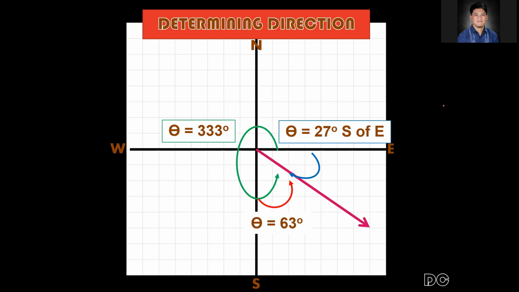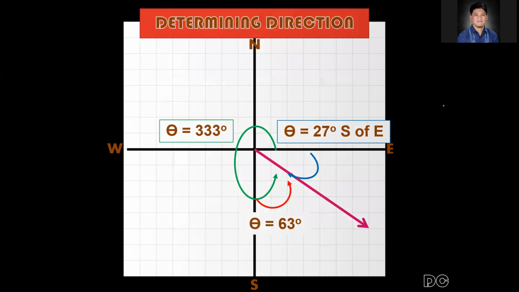And speaking of Cartesian plane, since I mentioned earlier that the Cartesian plane has two main axes, which is the x and the y axis, and these two axes are also divided into two signs, the positive and the negative.